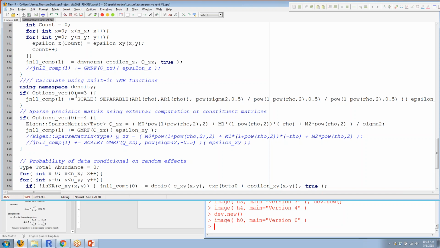So AR1 takes as input a single parameter rho, and it returns this sort of unit normal, or variance of 1, AR1 process with the input rho. And then Separable takes 2 of these different processes and basically takes the Kronecker product of them and makes a separable correlation function that includes both dimensions.